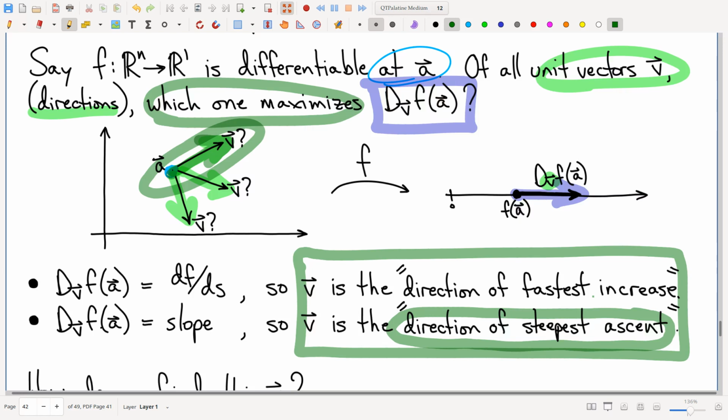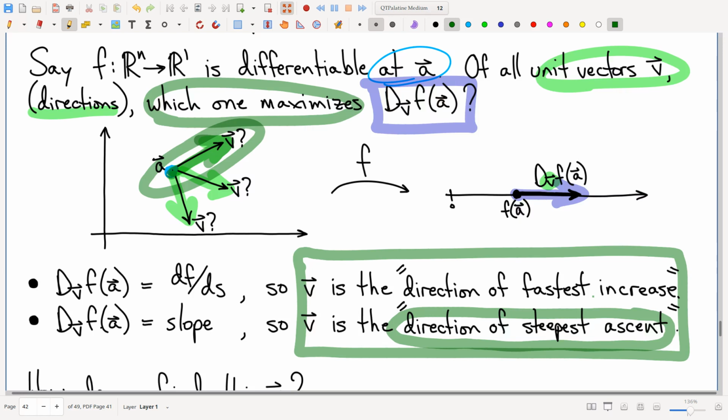Well, then increasing the function as fast as possible, if the function is height, means you're increasing your altitude as fast as possible, means you're moving in the direction that has you climbing the mountain as steeply as possible. You can see the motivation for this term, steepest ascent. So that's a point of view, yeah.